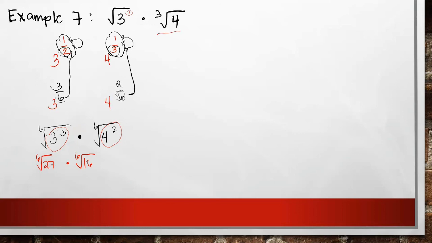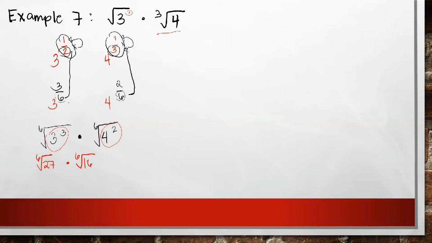Since we don't have any factor of 16 that is a perfect sixth root, and also for 27 we don't have a factor that is a perfect sixth root, then we will proceed with our multiplication of radicands since they have the same index.